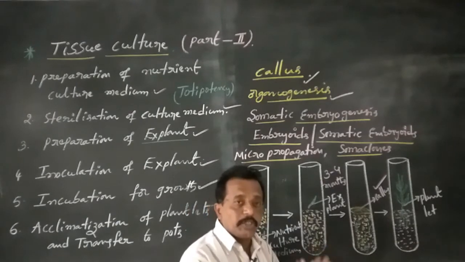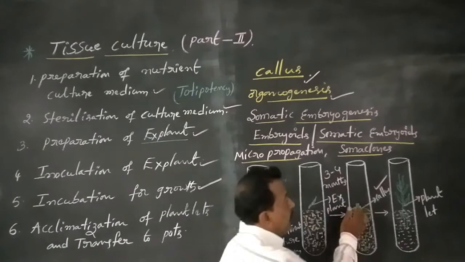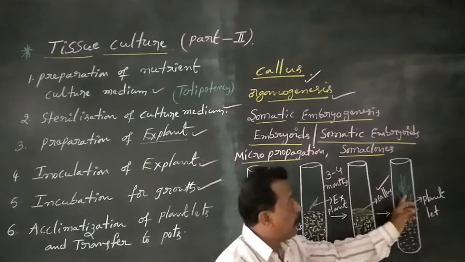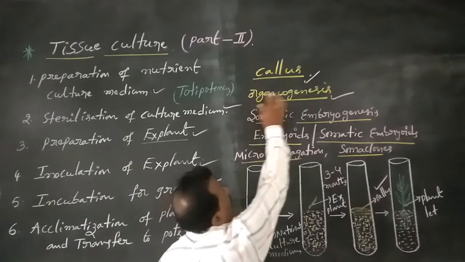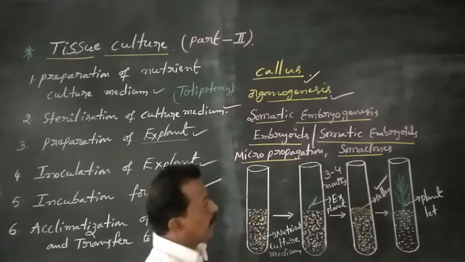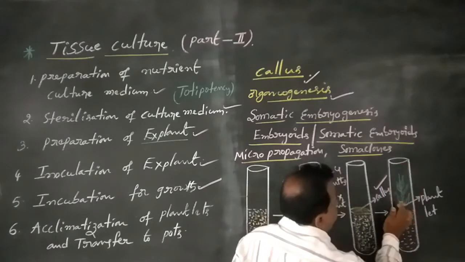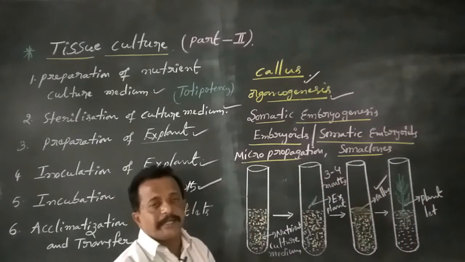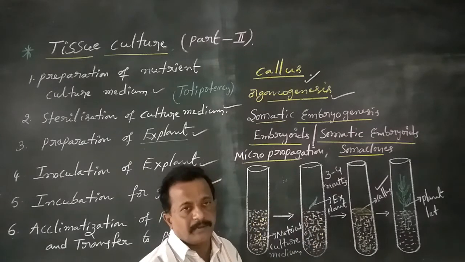So both root system and shoot system form in the callus, making a new plantlet, that is called organogenesis. The test tube then contains one new plantlet.